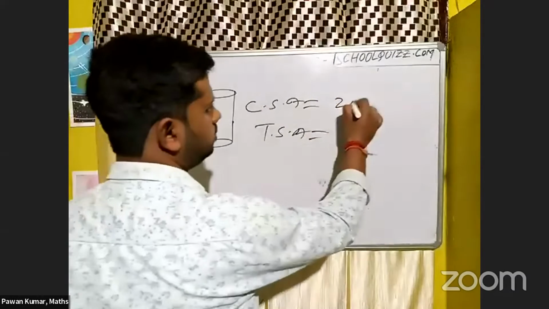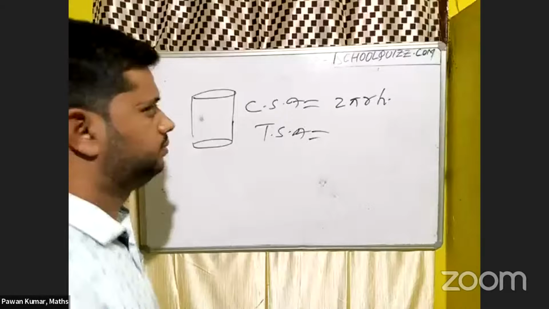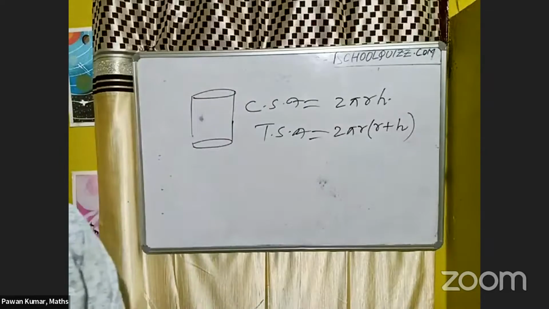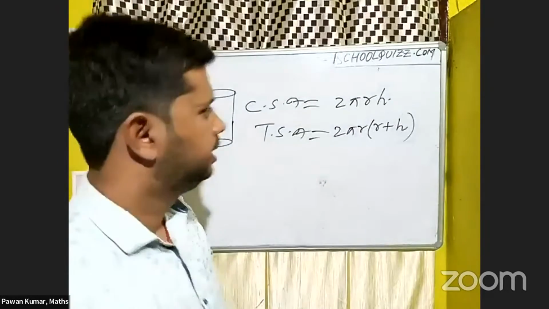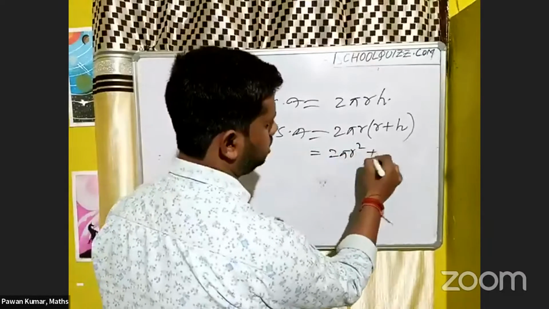Sir, 2 pi RH. Okay. What is the TSA of a cylinder? Sir, 2 pi R into R plus H, 2 pi R times (R plus H). Yes, correct? Yes, sir. That is 2 pi R square plus 2 pi RH.